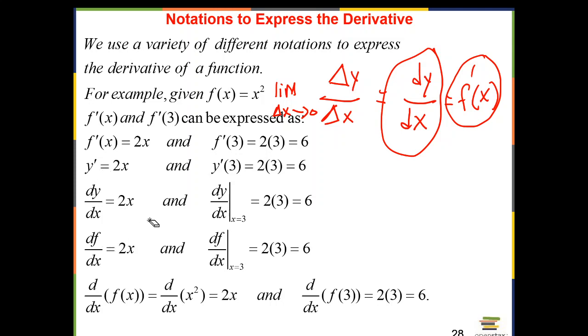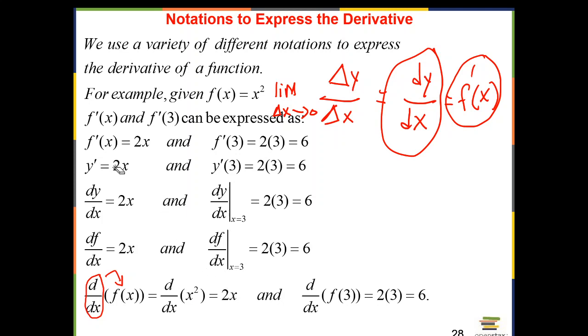And we could use df dx. So instead of y, we can just use f. Or we can use d over dx of f of x. So we can think of this as an operator that operates on what? On a function. And the operation gives you the derivative of that function, of course. So d over dx of x squared is 2x.